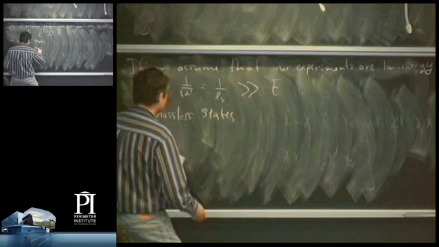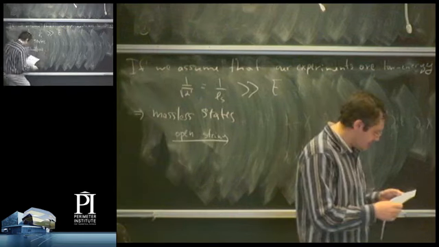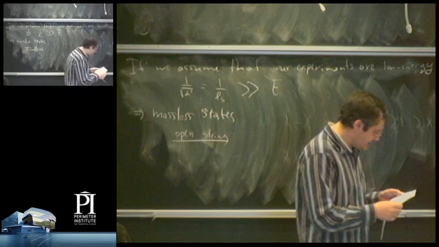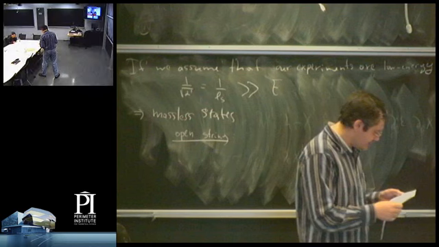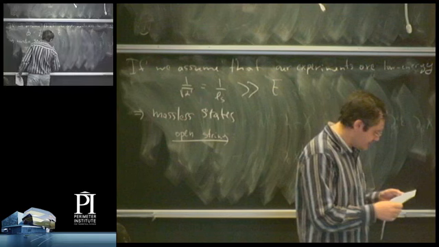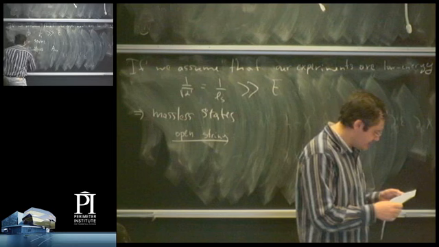So in the open string case, the massless state that we had was just a vector boson, A mu. And then in the closed string case, we have a graviton, G mu nu, which is a massless symmetric traceless fluctuation.